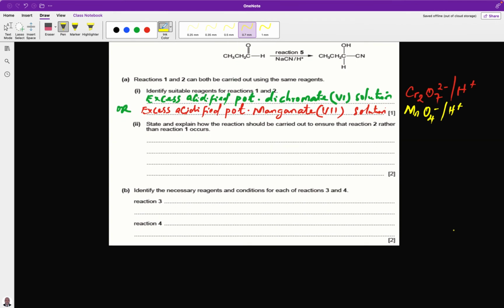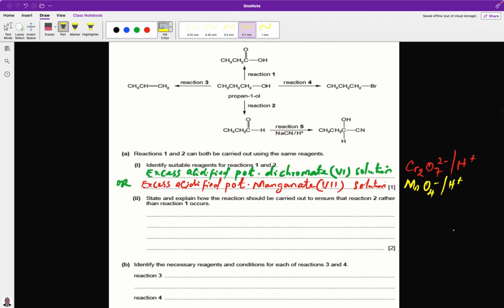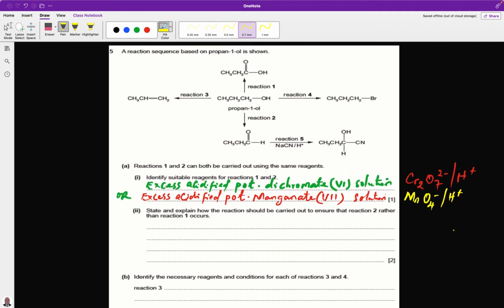Now, state and explain how the reaction should be carried out to ensure that reaction 2 occurs rather than reaction 1. Reaction 2 is oxidation only to the aldehyde, oxidation of propan-1-ol to propanal.